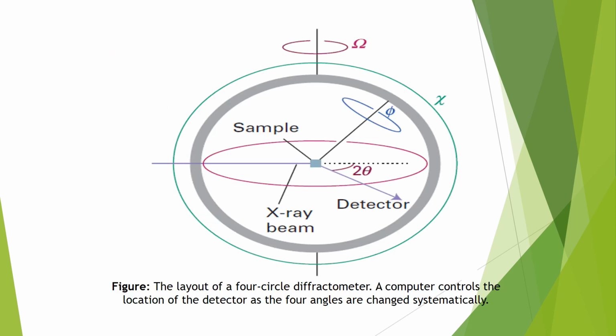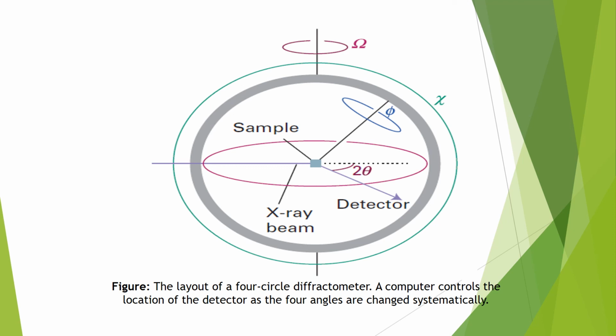Here is the illustration of the four circle diffractometer. A computer controls the location of the detector as the four angles are changed systematically.